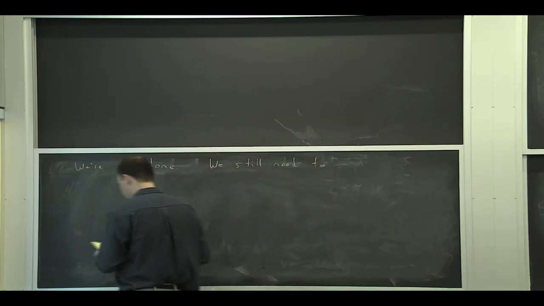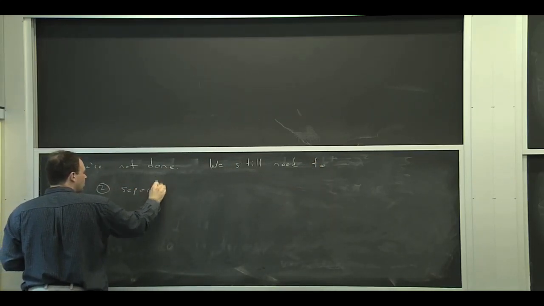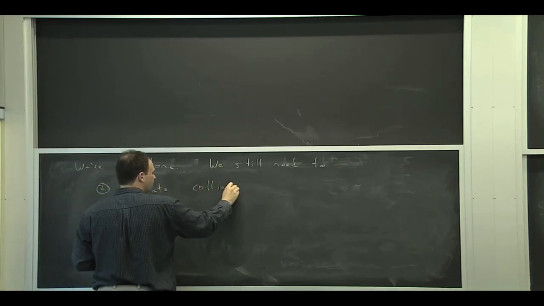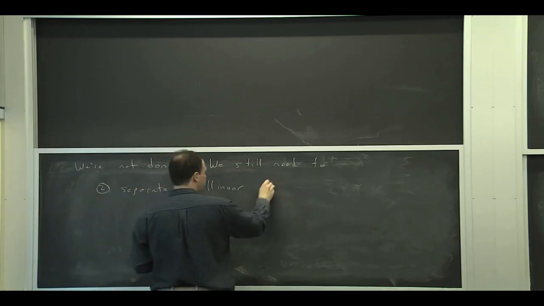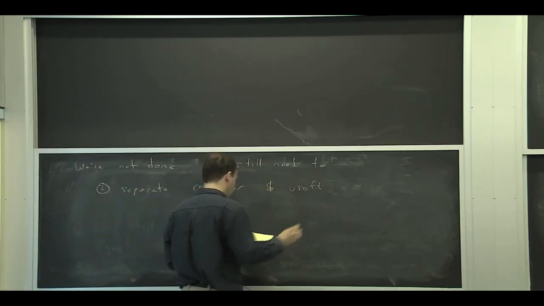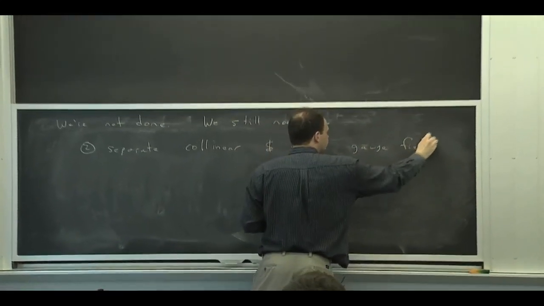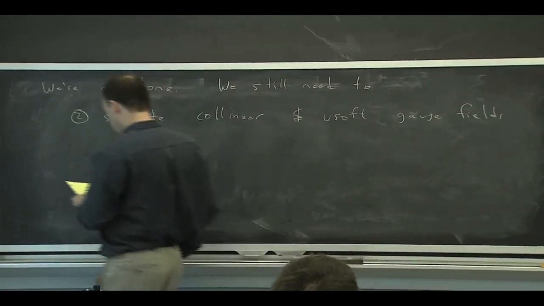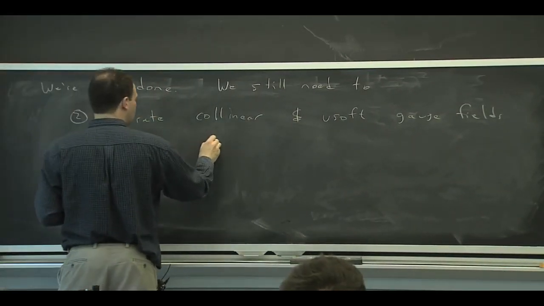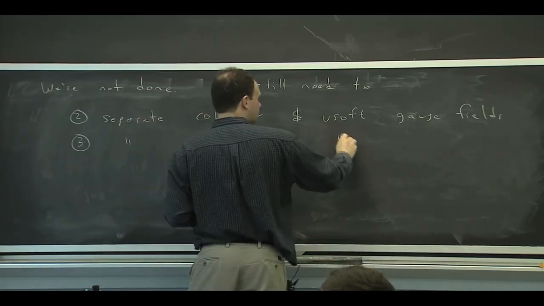There's 3 more steps. So we have to separate collinear. So far, we just have one type of covariant derivative. We have to separate out the fields that are in that covariant derivative, in particular the ultrasoft and collinear gauge fields. Another thing we have to do is separate the collinear and ultrasoft momenta.